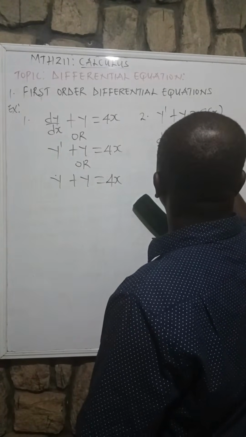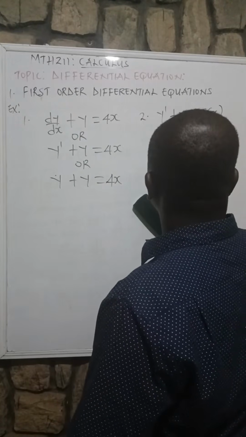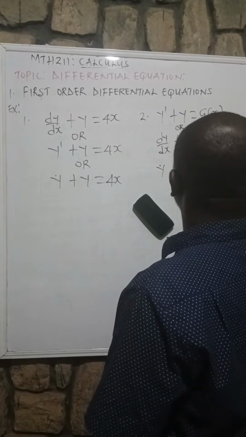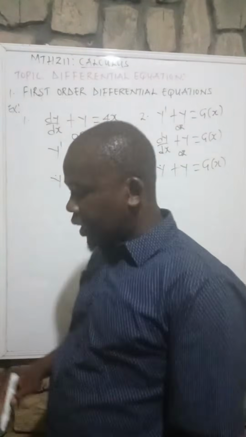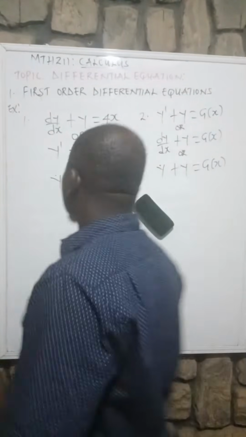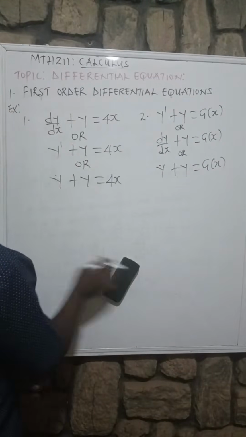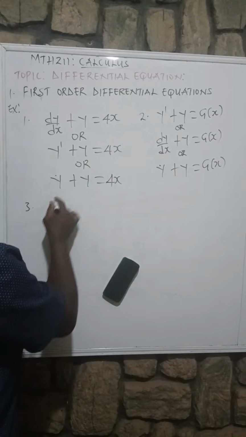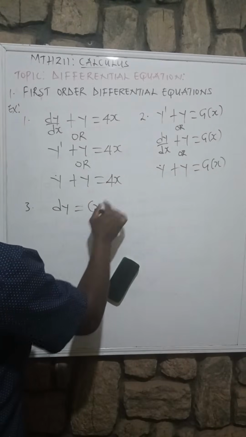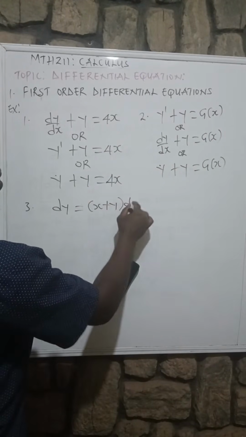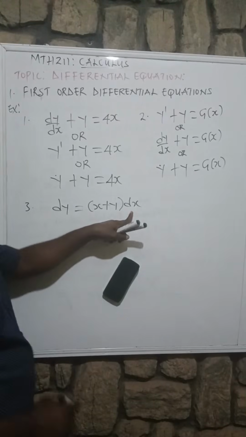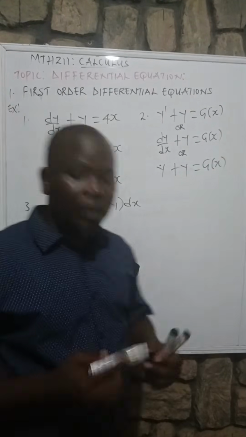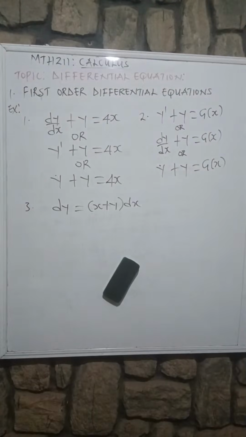Or this is the same thing as y dot plus y equals g of x. So these are examples of first order derivative. Or third, you may have dy equals x plus y dx. This is first order. By the time you divide through by dx, you will see it is first order. Is that clear?